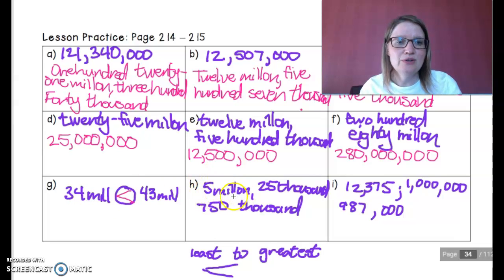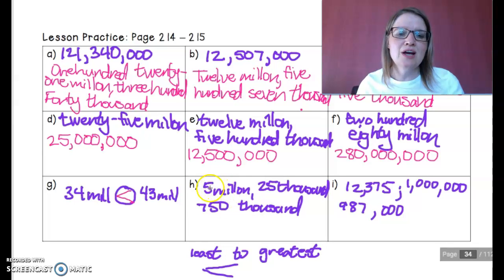Now, they want you to organize these into least to greatest. So we've got to look for the smallest. Now, if I were to look at this, I would say 5 looks like a small number, but they're saying 5 million. 225,000 and 750,000.